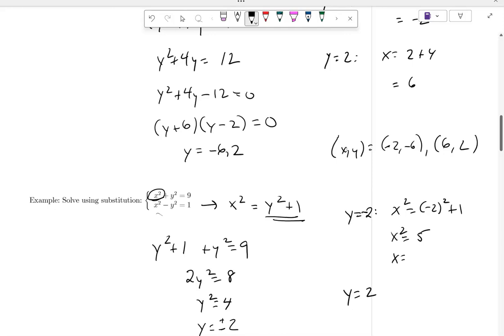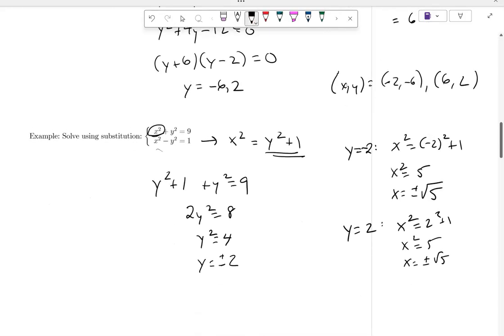So what does x have to equal? Maybe plus or minus square root of 5, right? So notice that for this one y value, we have two x values associated with it. I think you're going to get the same thing for the other one. X squared equals 2 squared plus 1. X squared equals 5. X equals plus or minus square root of 5.